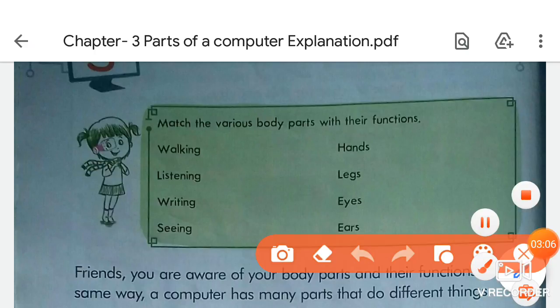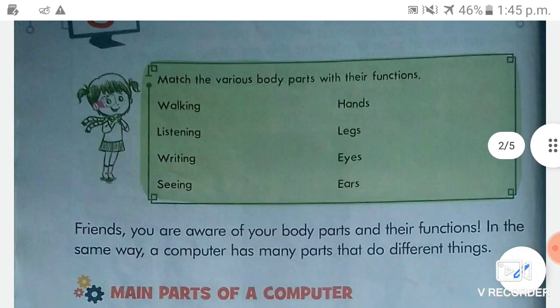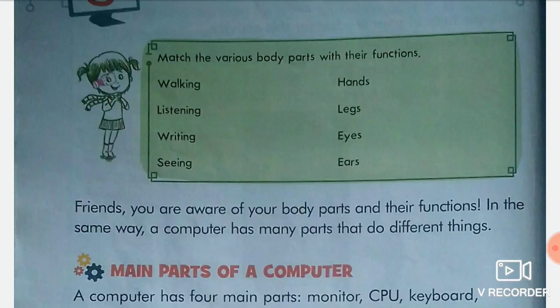So students, let's start matching these body parts with their functions. Here you can see the first body part is hands, the next one is legs, third one is eyes, and the fourth one is ears.